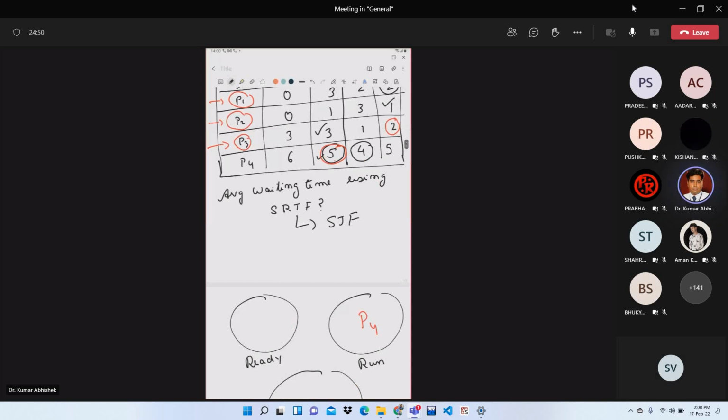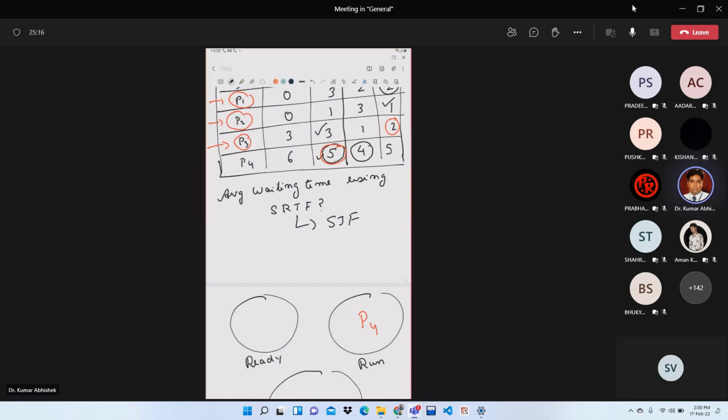We can print P1 and we can go for P3, and we will go for P1 if we have a tie. It depends what coding we are following. I can print, I can not print also. But if I go for simple rule logic, that if there is a tie, the process with lower ID will be executed.